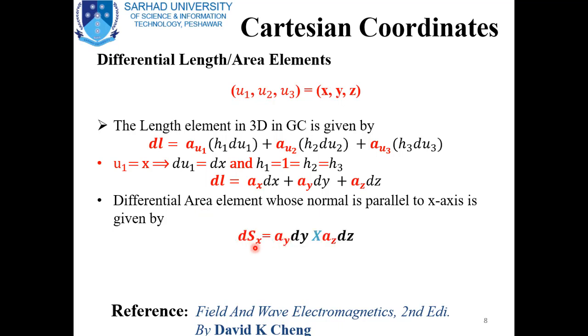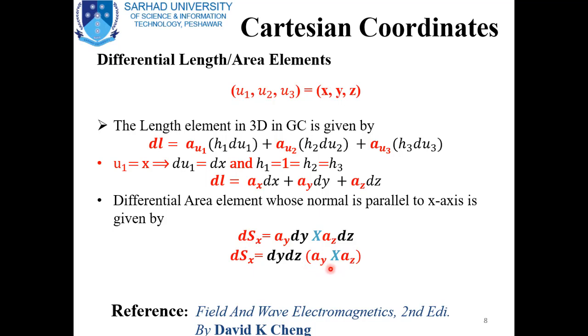The surface which is parallel to the x-axis, this plane is made by two vectors. One vector is along the y-axis, one vector is along the z-axis. When these two vectors are multiplied, we will have dz, dy and ay cross az, and we will apply the right hand rule.